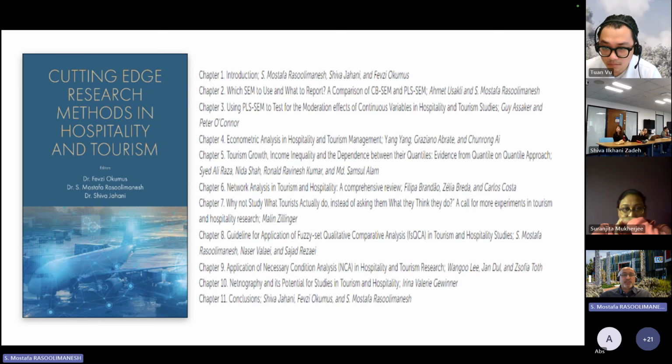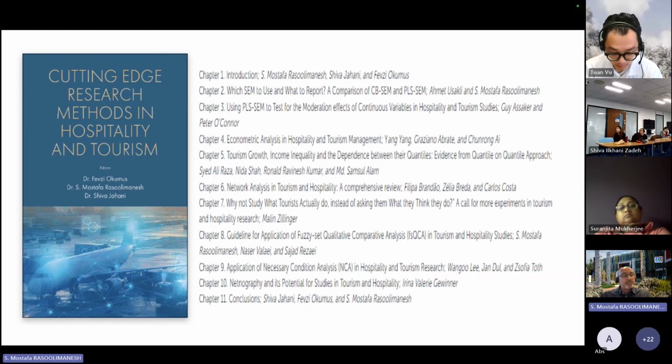The third one is Cutting Edge Research Methods in Hospitality and Tourism, where again some advanced and cutting edge research methods are discussed. One of the chapters in this book is our chapter on fuzzy set qualitative comparative analysis, which is one of the main sources that I use for this webinar and FSQCA workshop.